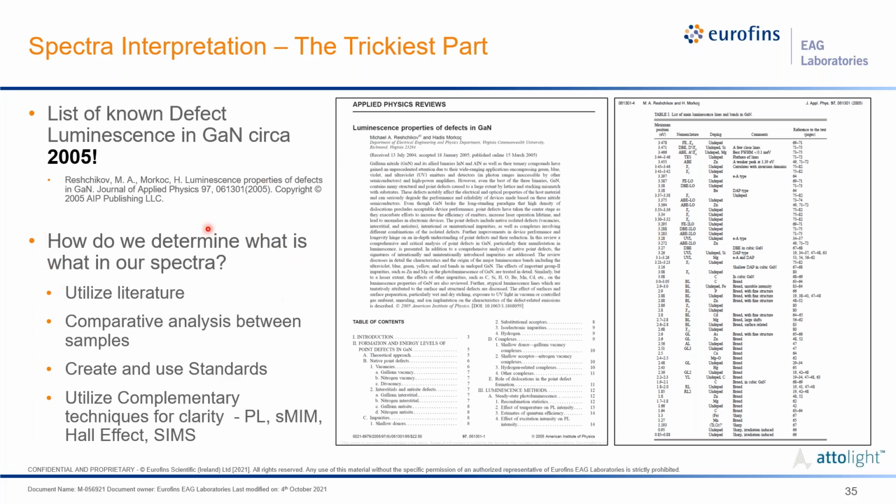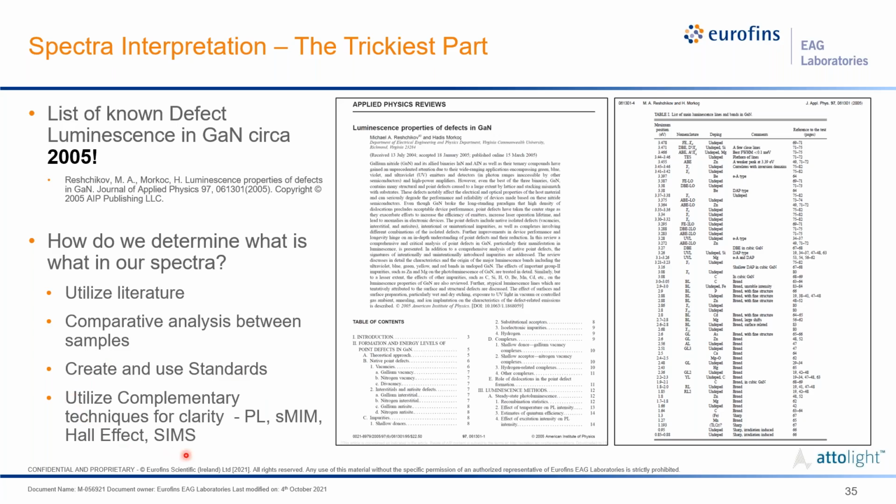So really, how do we determine what is going on in our spectra? We're going to utilize the literature as much as we can. We're also going to try to set up comparative analysis between samples, for instance. Can we create specific signatures that are important to us that can help us relate to other positive attributes of devices or material, et cetera? We're going to create and use standards whenever we can.